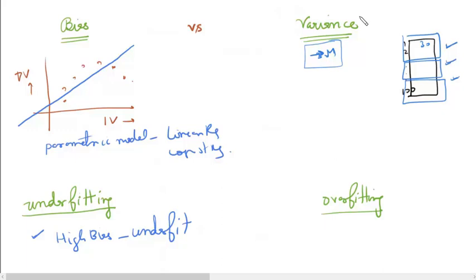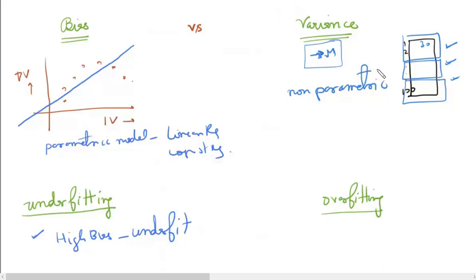This typically happens with flexible models, with tree-based models, which are very flexible and can take any pattern depending on the data that is given to them. So this usually happens with non-parametric models. Non-parametric models are models which do not make an assumption around the distribution of data.